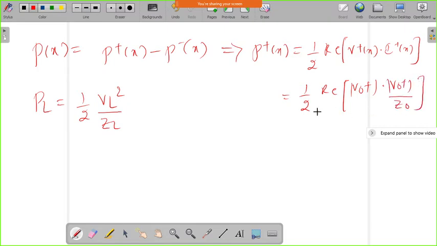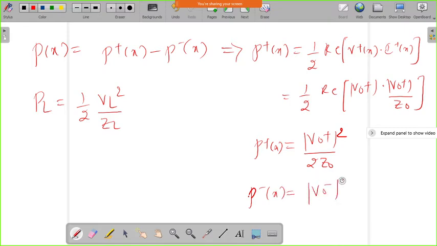So P plus of x is the magnitude of V naught plus squared by 2Z naught. Similarly P minus of x is V minus of x into I minus of x, which is the magnitude of V minus squared by 2Z naught.